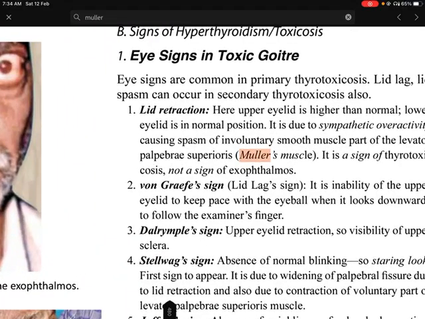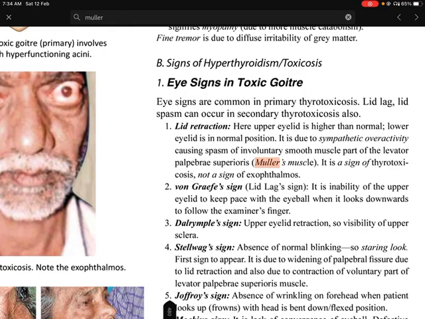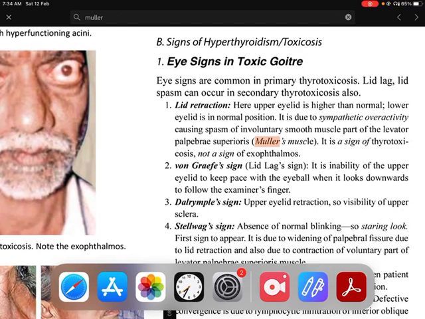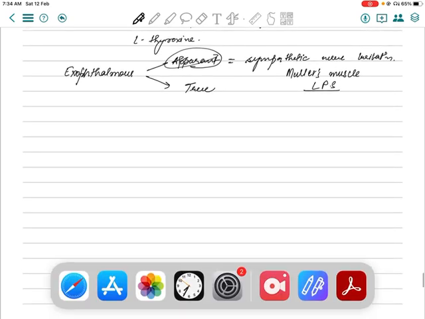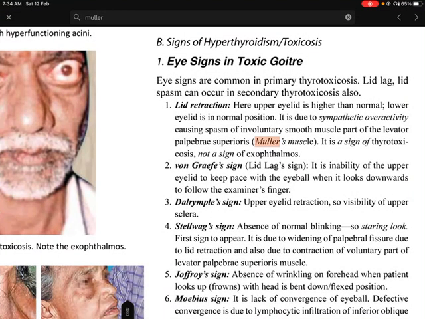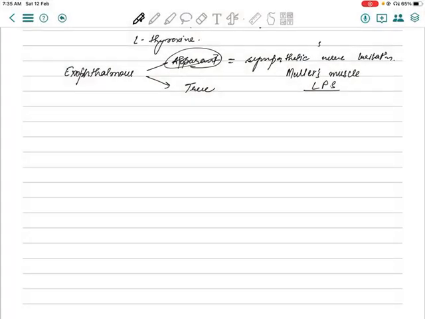So apparent is basically it's not exophthalmos, and that's why it's apparent. It's apparently exophthalmos, and it is because of the eye sign, the sympathetic overactivity, and spasm occurs.